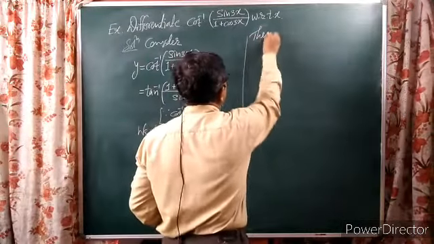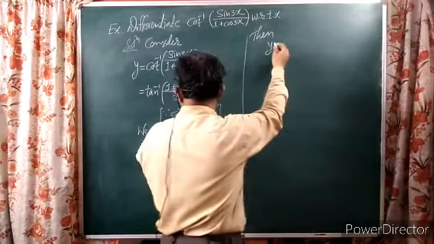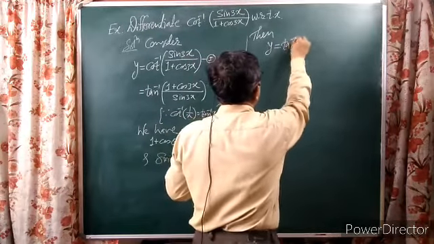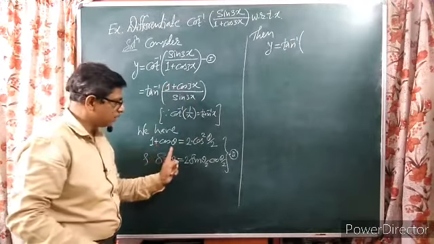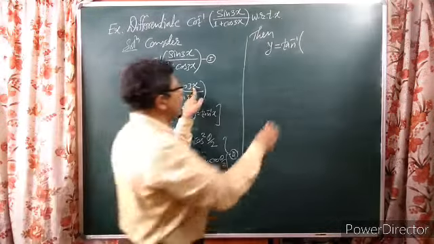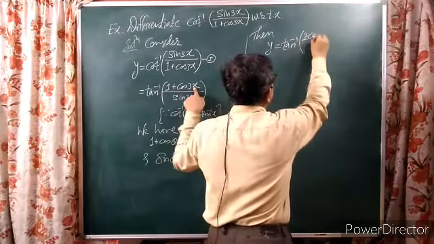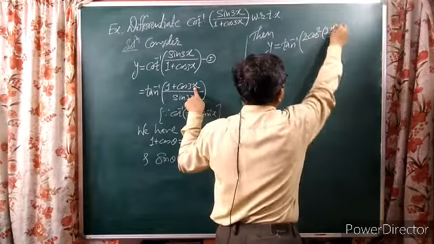Then y is equal to tan inverse of. Now see, for 1 plus cos theta we have 2 cos square theta by 2. So for 1 plus cos 3x we will have 2 cos square of 3x by 2.